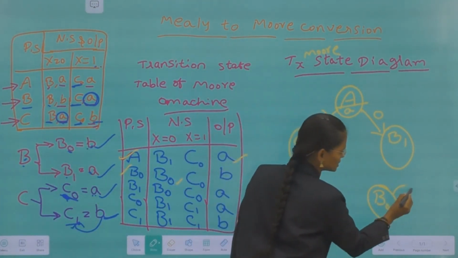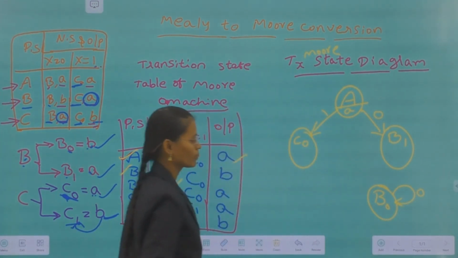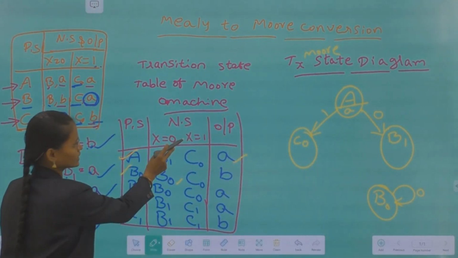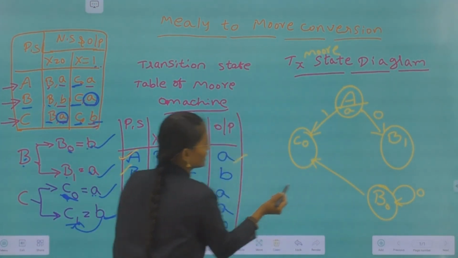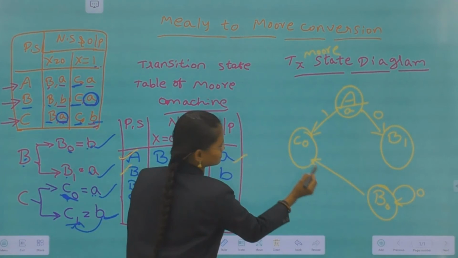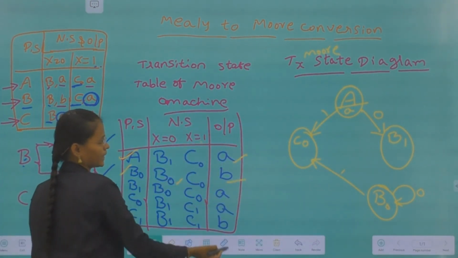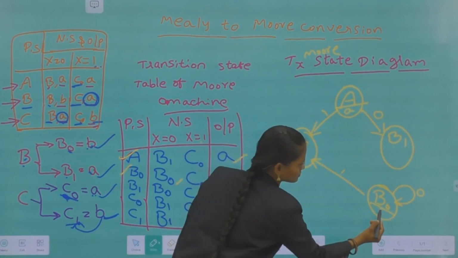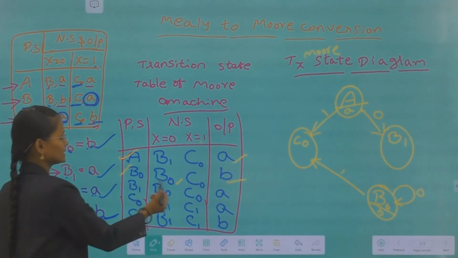So that is the steady state. Here the x is 0. And next here x equal to 1, the next state goes to C naught. Here the input is 1. In B naught, the output is B. Okay, B naught is completed.